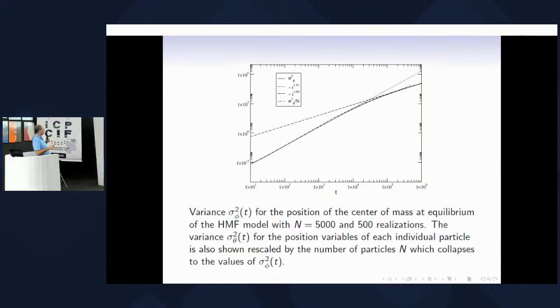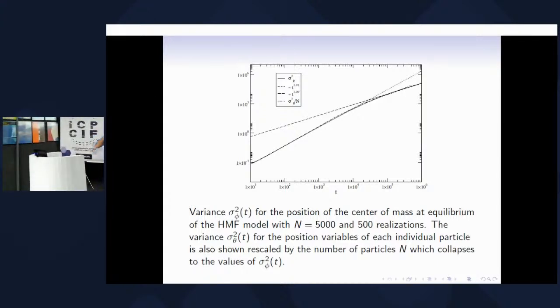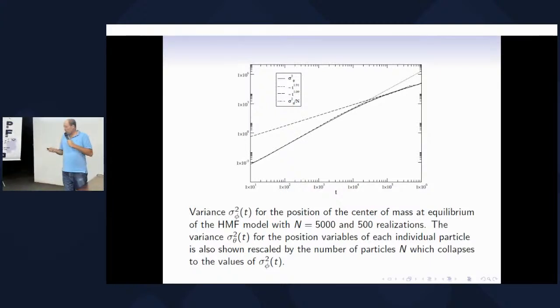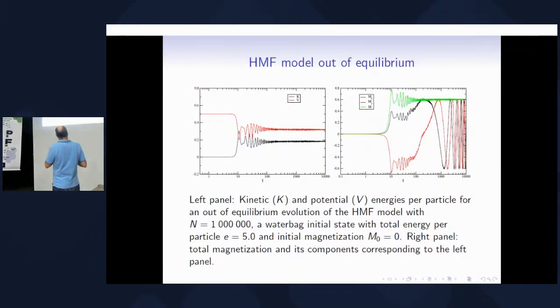The fit goes to t to the power 1.91, and then there is a crossover to almost normal diffusion with the fit in t to the power 1.09. So here we have this crossover from ballistic to normal diffusion after a very long time. This is only 5,000 particles, at a time of the order of 10 to the 5. This crossover will occur at much larger times when you increase N. It diverges with N, in fact.